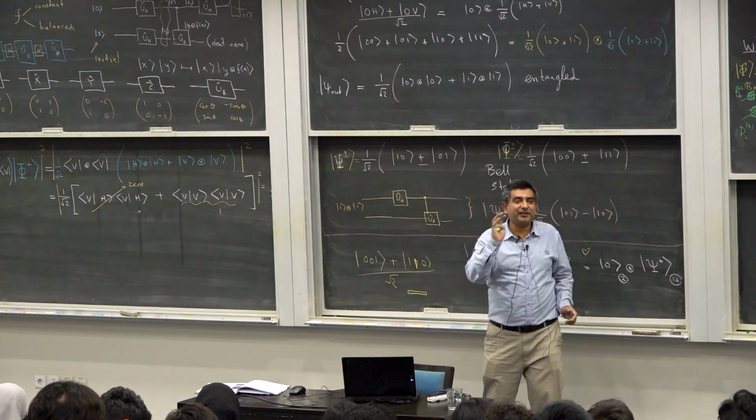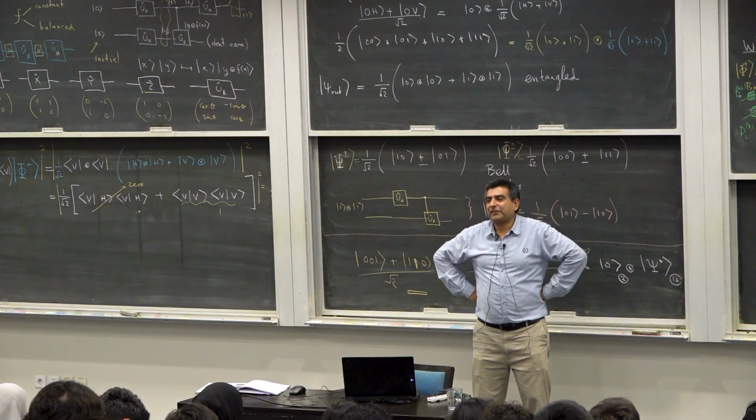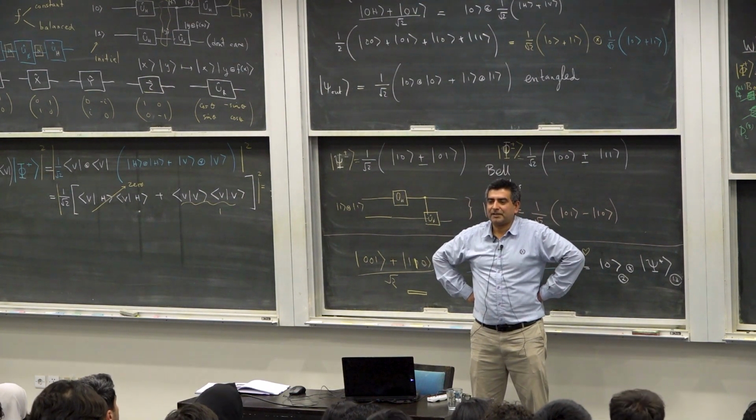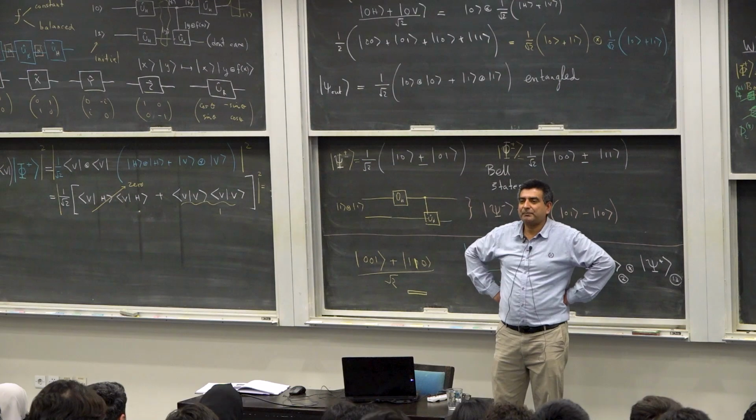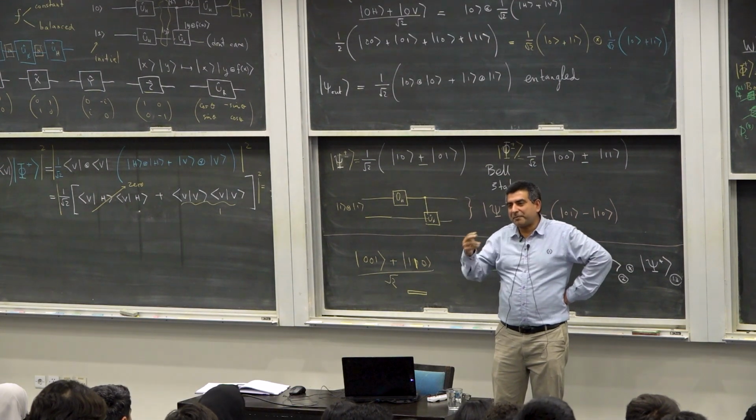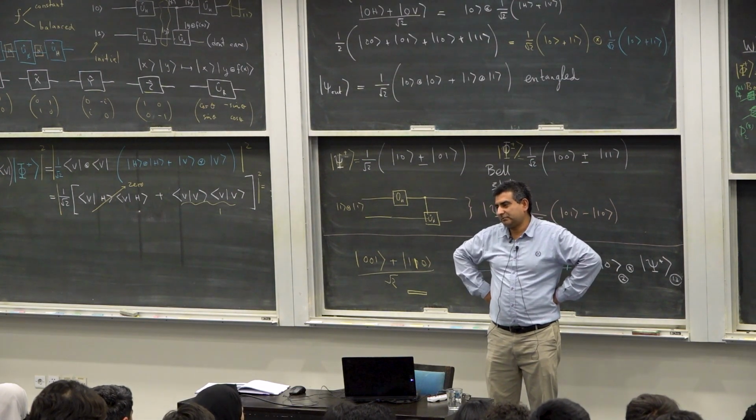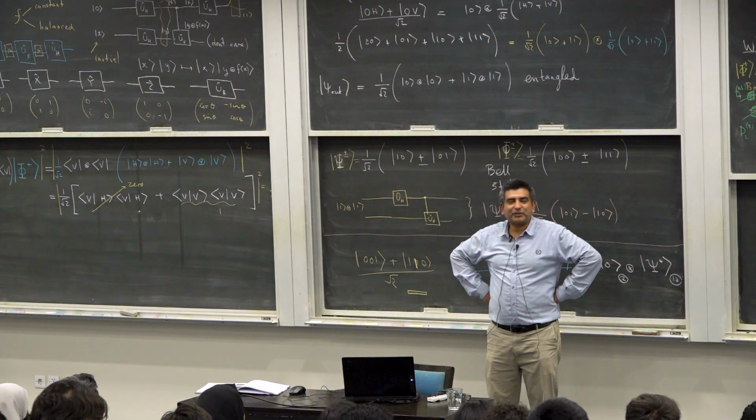The second really interesting part is the following. Suppose Alice and Bob choose to measure in a different basis. So what does that mean?